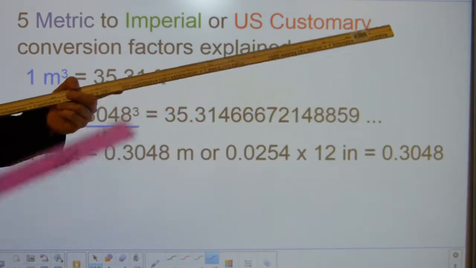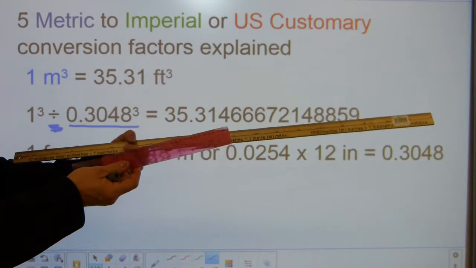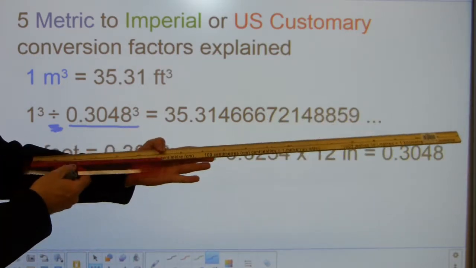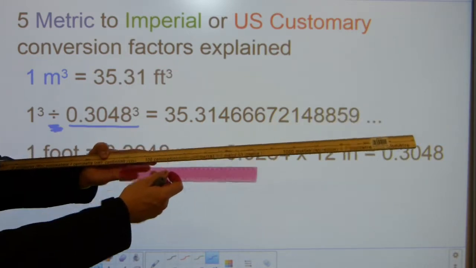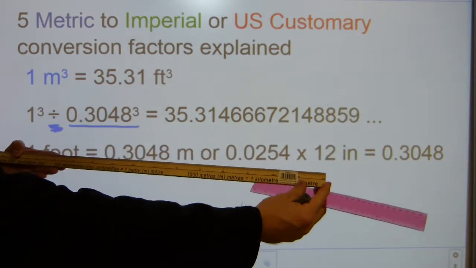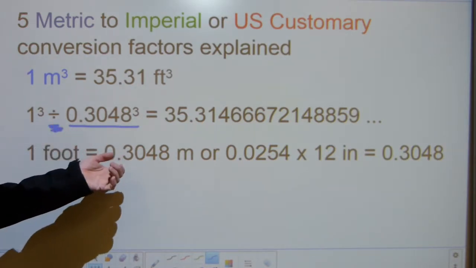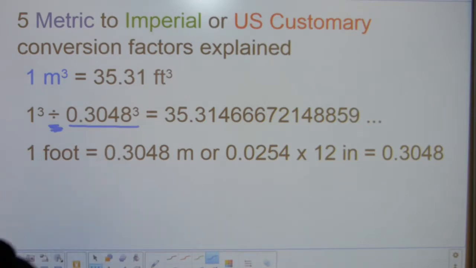So a foot is about 1/3 of a meter. So you have 1 foot, 2, 3 of them plus a little more here at the end. So about 3 of them fit into a meter. That's what this number means.